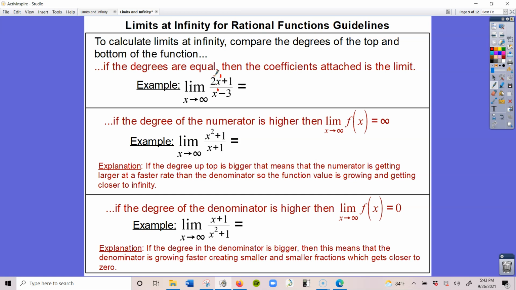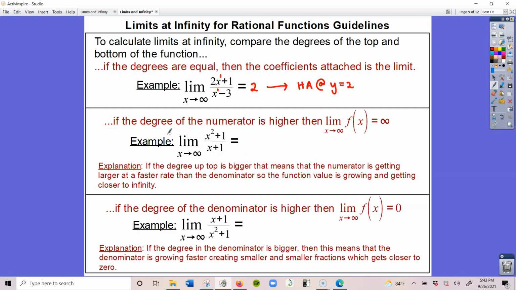So we have 2 here over 1. We basically ignore the rest of the rational function. We just look at the leading terms of the numerator and the denominator, and we divide those coefficients. 2 divided by 1 is 2. So that means that we have a horizontal asymptote at y is equal to 2.